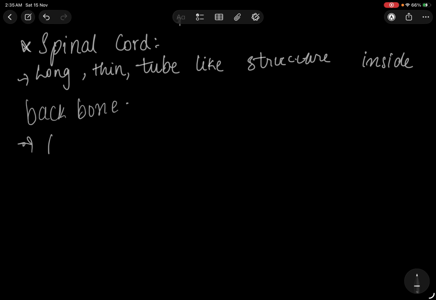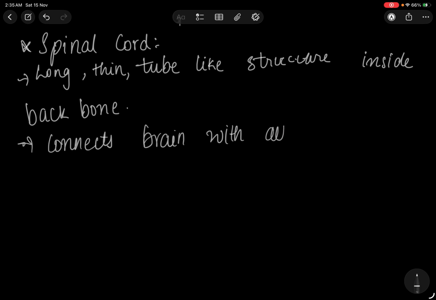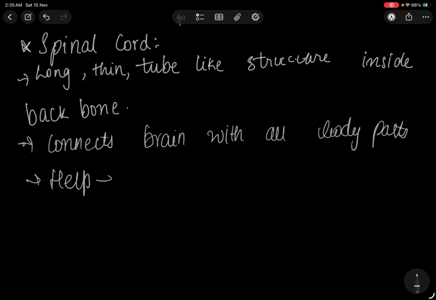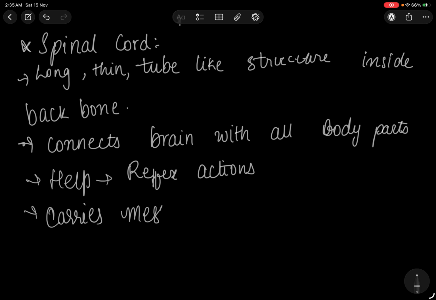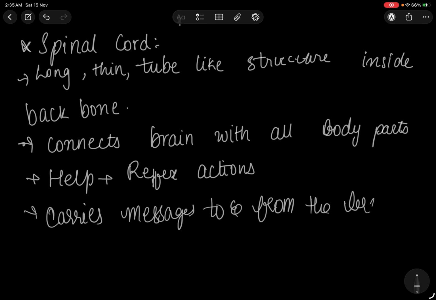So it connects the brain with all body parts. What is the use of the spinal cord? It is used for the reflex actions, and also it carries messages to and from the brain.